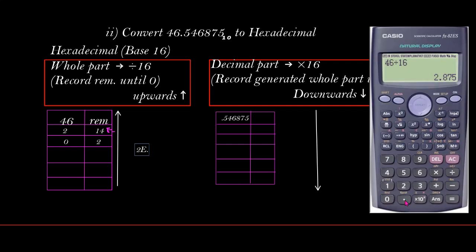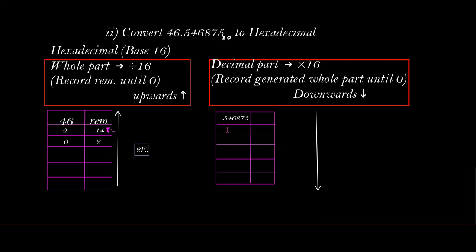You go to the decimal part. So remember, decimal part, you are multiplying. So we have 0.546875. And it was to base 16, meaning it is times 16, we get 8.75. So we record 0.75, then the generated whole part on the right is 8.